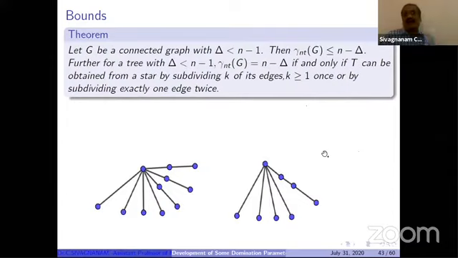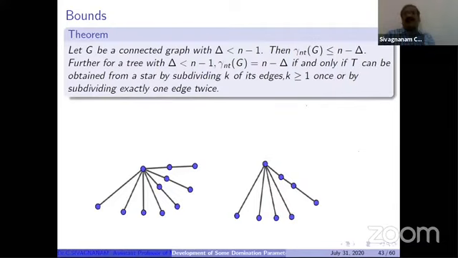Delta less than n minus 1 and connected graph means gamma nt is less than or equal to n minus delta. Further, when these two are equal, I am thinking about characterization. I am not doing it for all graphs, only trees.